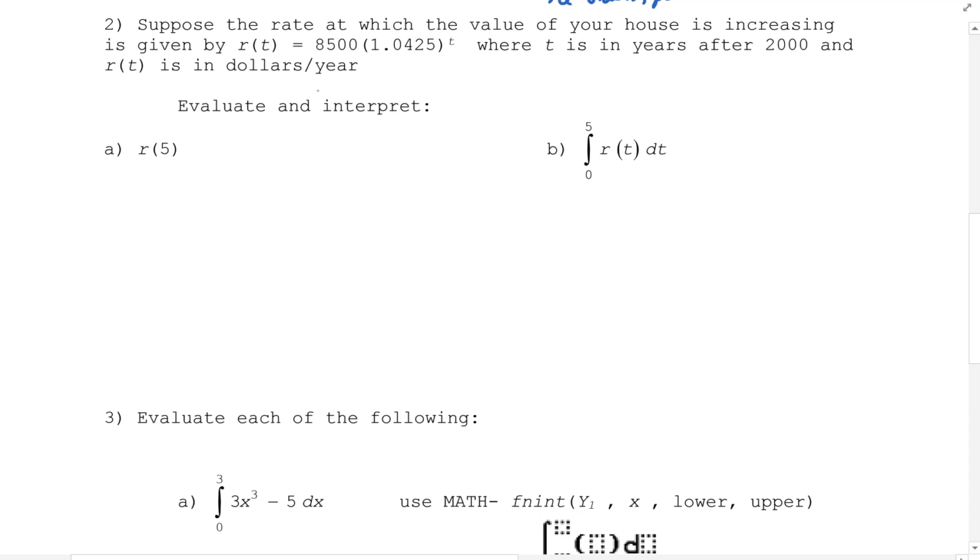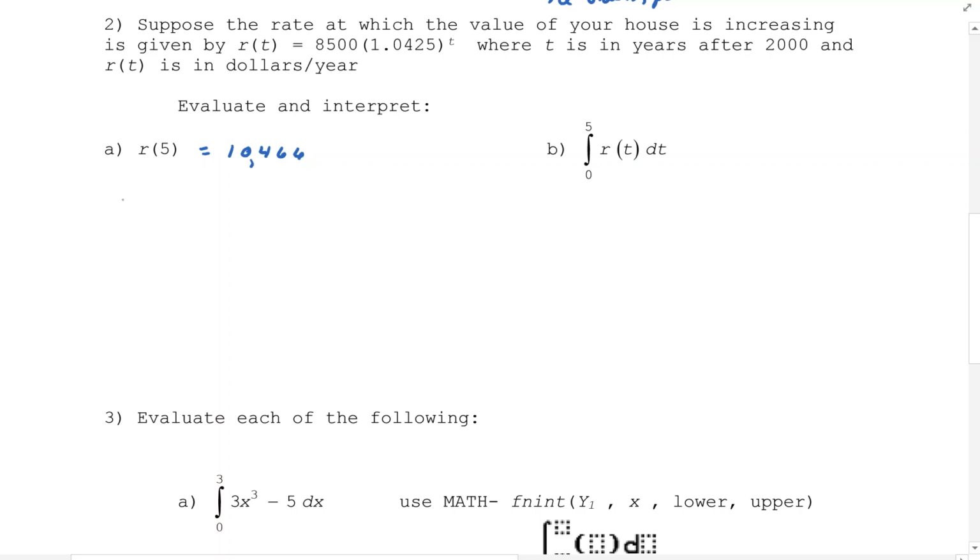If I've got the equation in my y1 and I plug in a value of 5, I get 10,466. So it's tempting to say, oh, my house is only worth $10,000. That's not correct, because R is the rate at which your house is increasing.